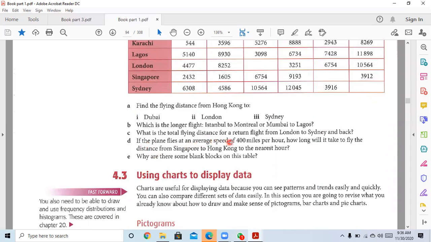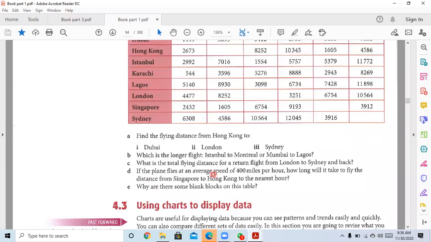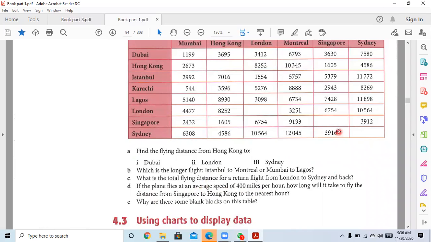If the plane is flying at an average speed of 400 miles per hour, how long will it take to fly the distance from Singapore to Hong Kong, to the nearest hour? Singapore to Hong Kong is 1,605, so divide by 400 miles per hour.